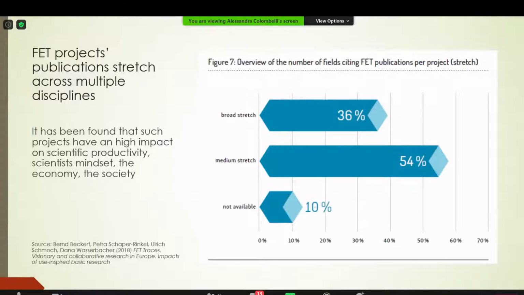As you can see from this figure, 36% of the projects, of FET projects, have a broad stretch, meaning that they have an impact on more than 20 scientific fields, while 54% have a medium stretch.